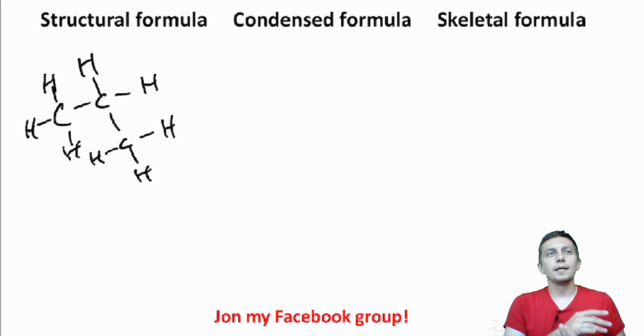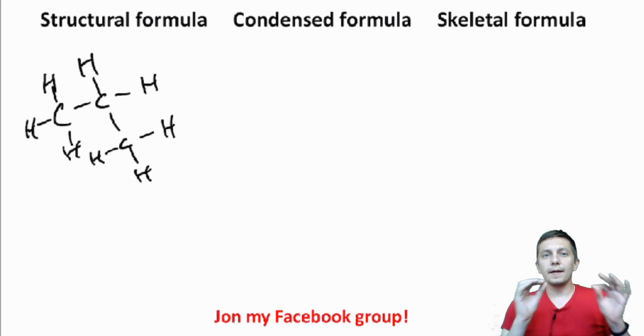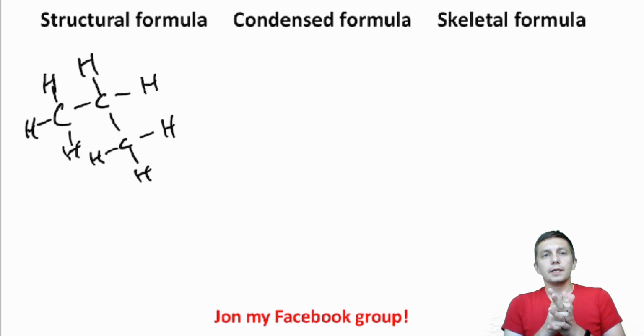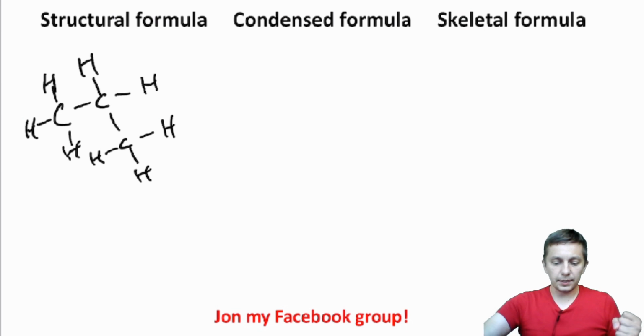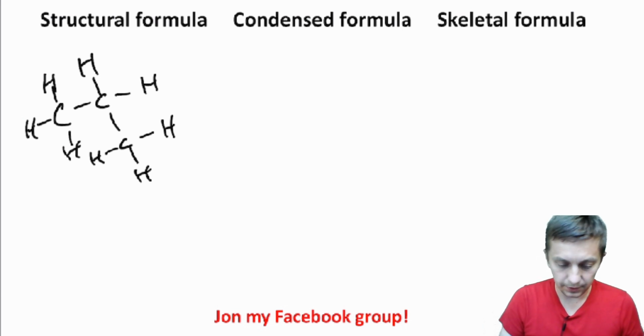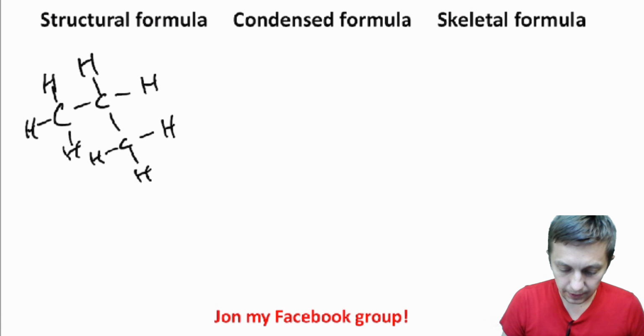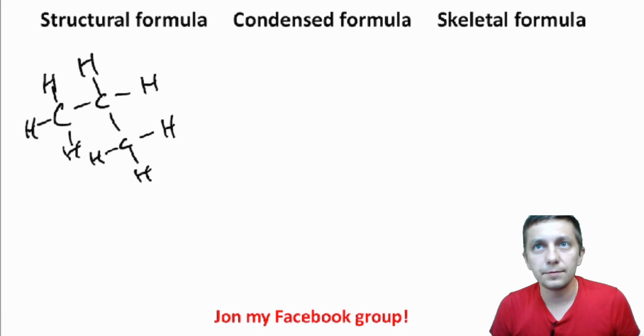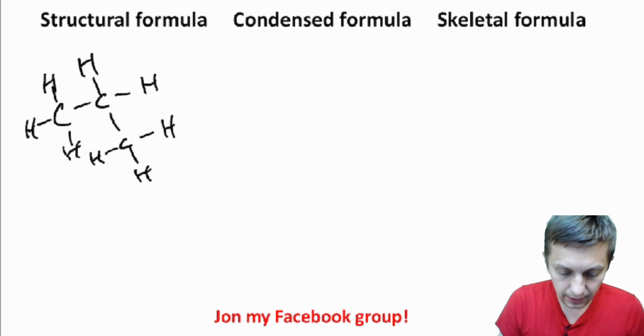It's the most informative and biggest one, but at the same moment it's very big and requires a lot of space. So at first we need to understand how we draw these different types of formulas. The structural formula is the most informative and detailed.